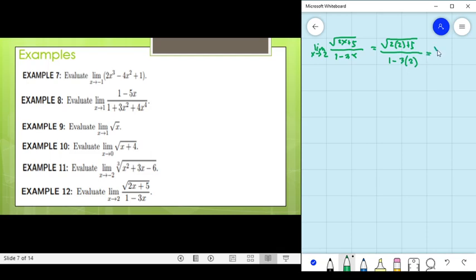This will give us the square root of 4 plus 5 all over 1 minus 6. 4 plus 5 is 9, and 1 minus 6 is negative 5. The square root of 9 is 3, over negative 5. So therefore, the value is negative 3 over 5.